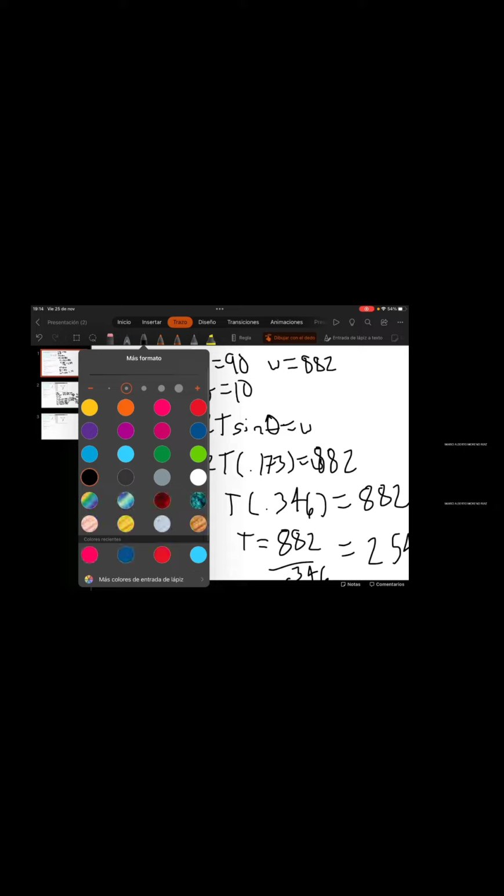We are going to first write the data, and we are going to find the weight that is really important for these problems. We find the weight by multiplying the mass, that is 90 times 9.8. We are going to use the formula that is right here.